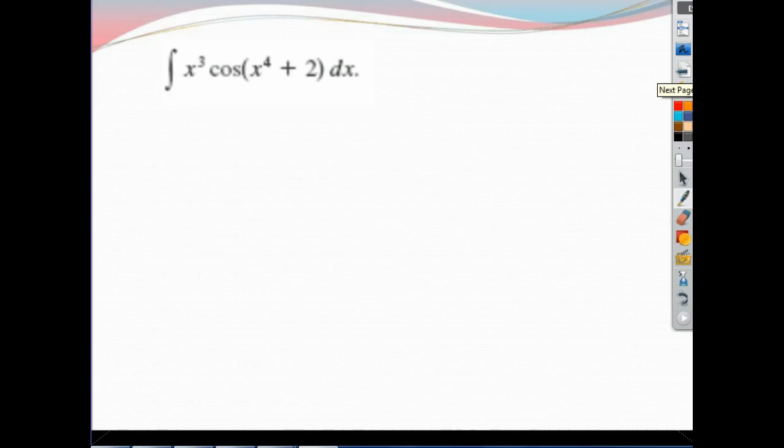What's the inside function? What's your derivative? What do I have on the derivative that I don't have in the problem?